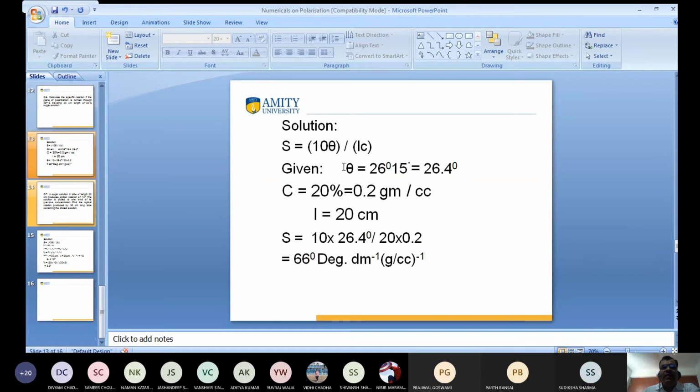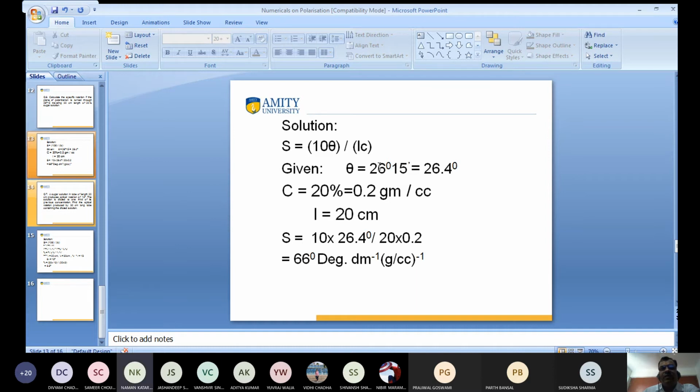What is theta? Theta is given 26 degree 15 minutes. So what is the value in degree? The value is 26.4 degree. Clear? Yes or no?